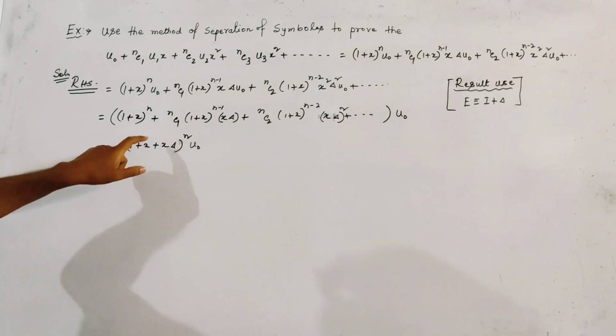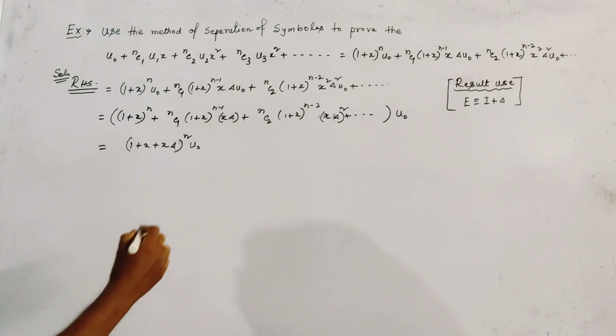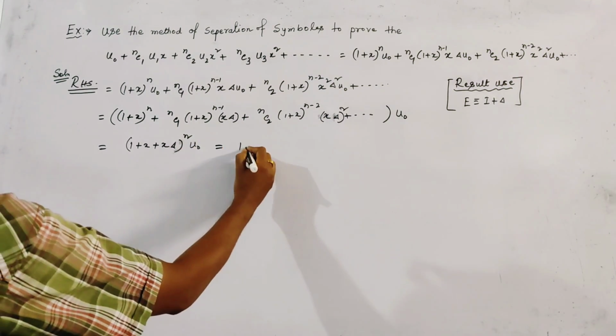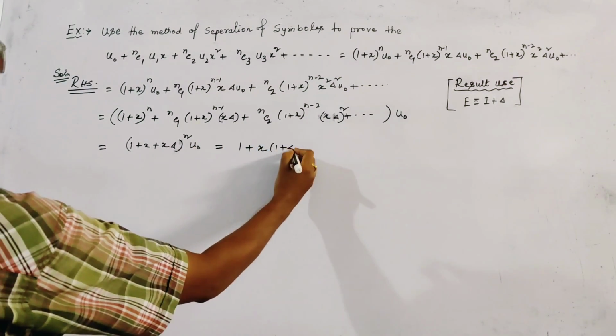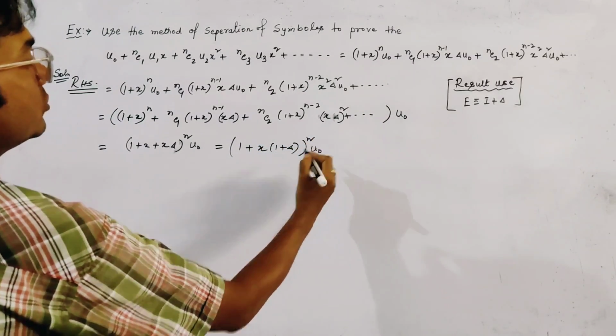Okay, because here we start from nC1, nC2 and nCn. And this can be written as (1+x)^n (1+Δ)^n u0.